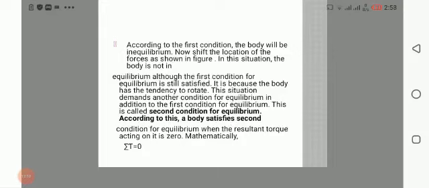The situation demands another condition for equilibrium in addition to the first. This is called the second condition for equilibrium. According to this, a body satisfies the second condition for equilibrium when the resultant torque acting on it is 0. Mathematically, sigma tau is equal to 0.